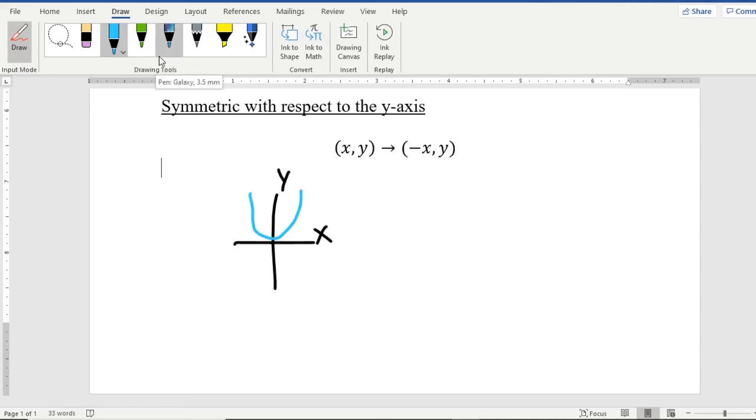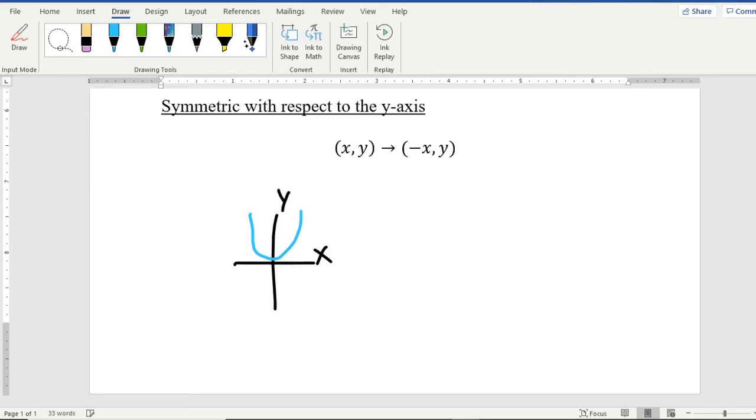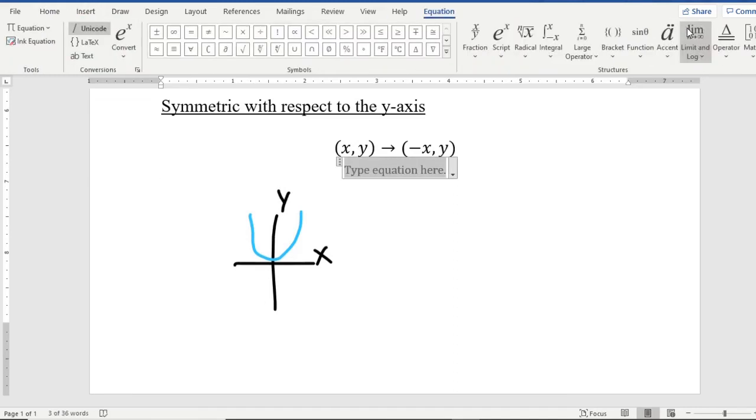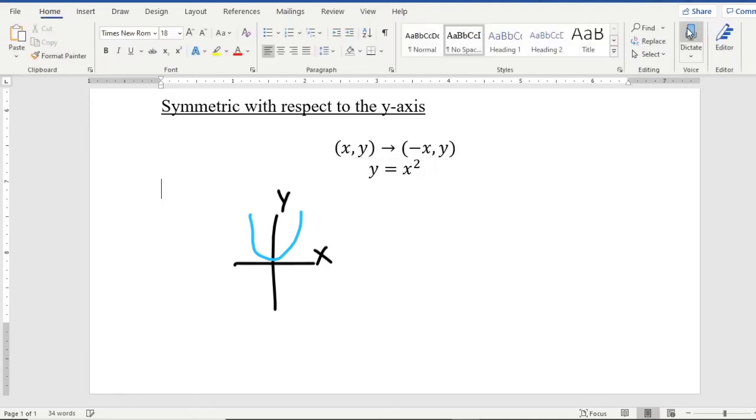So parabolas are the function y equals x squared. Okay, so that's a great example of ones that are symmetric across the y, because the left and the right are mirror images of each other.